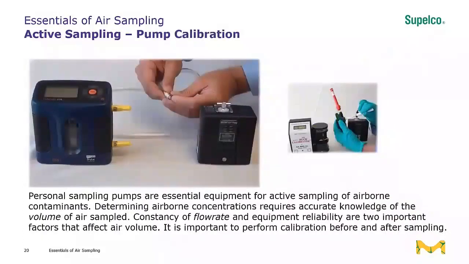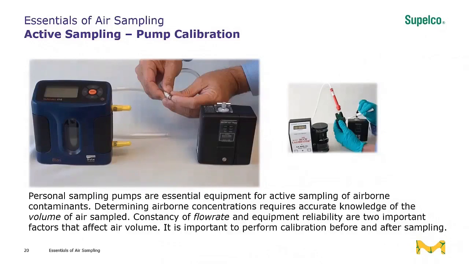Before you take an air sample, the sampling train must be calibrated before sampling and then after sampling. It's important to calibrate the flow rate with the air sampling device and the tubing connected to the pump to ensure that the flow rate is being delivered accurately, and that you know the sample volume you're collecting is also accurate.